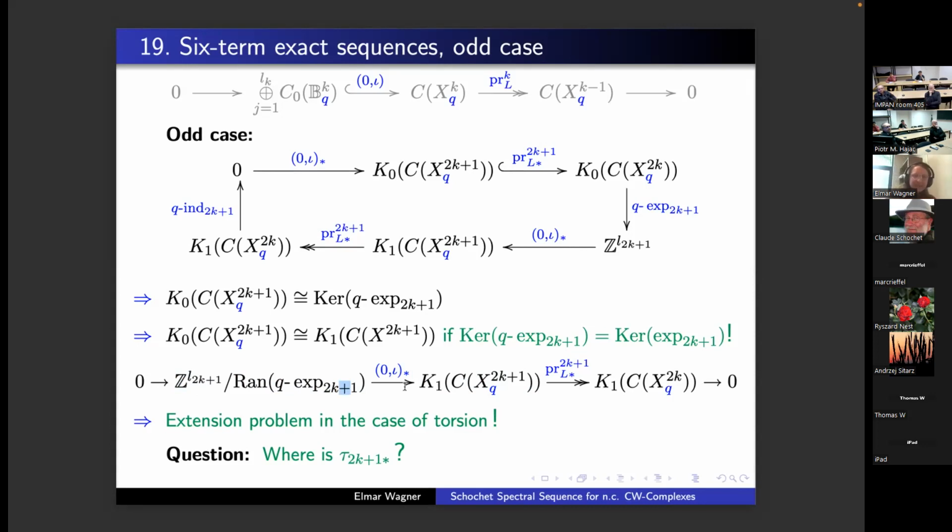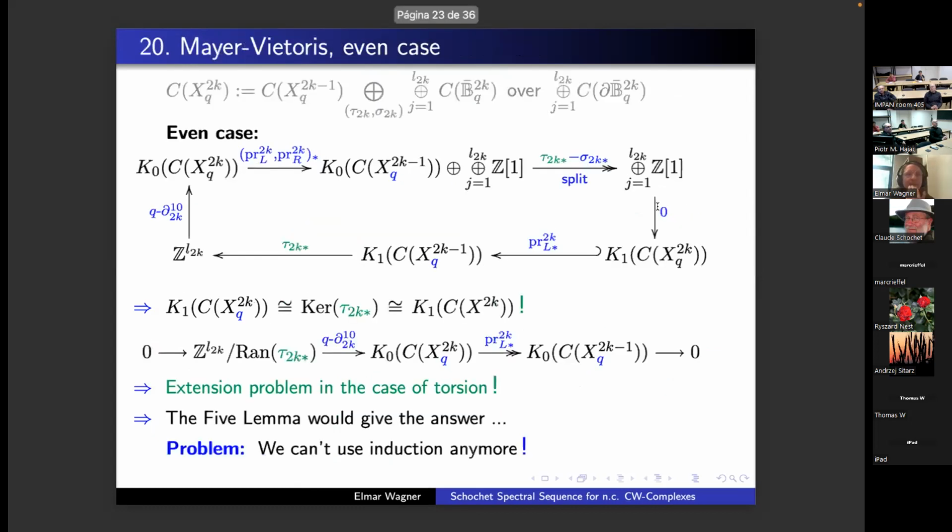And again, it seems that there's no tau. Surely it's hidden in the exponential map, but my idea of taking induction doesn't work. So we need a better tool which avoids induction, and that are the spectral sequences.